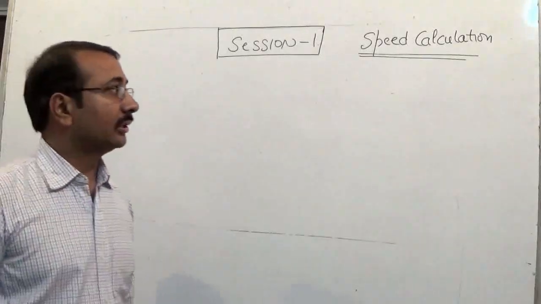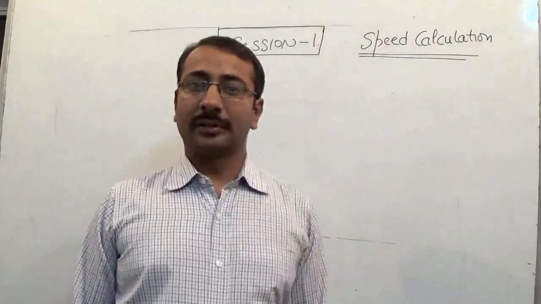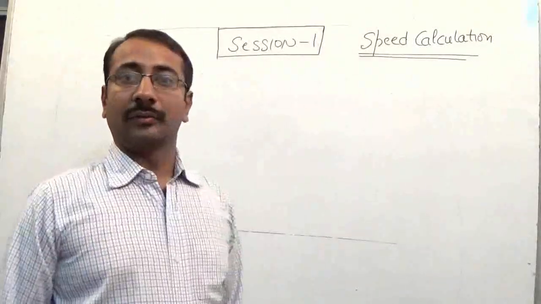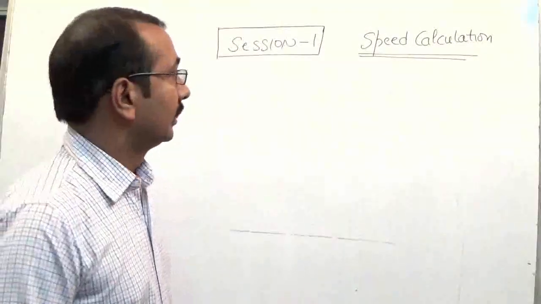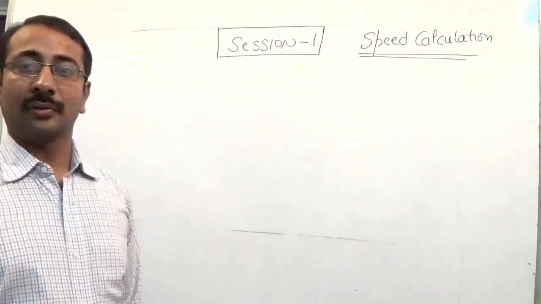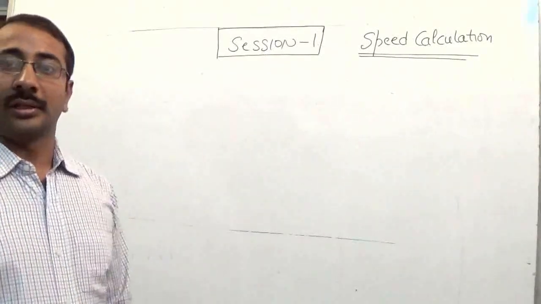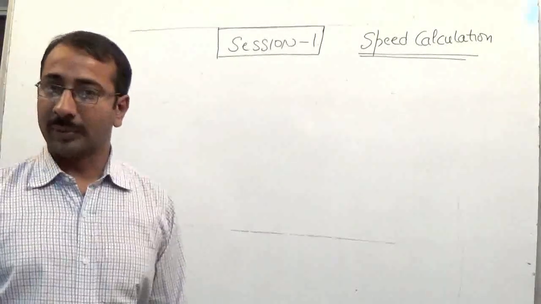The name of the session is speed calculation. In this section, we are going to understand some of the basic principles of calculation in mathematics. We are going to start with the principles one by one.